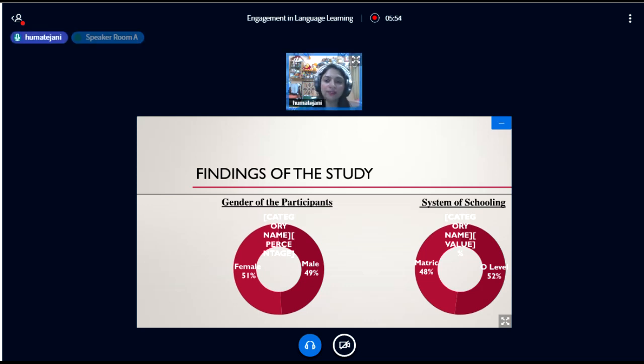The findings suggested that there were 51% female respondents and 49% male respondents. And as the study was a comparative study between two groups, Matric students and O-level students, 48% of the respondents were from the Matric system and 52% were from the O-level system. So in that way, it was quite balanced.